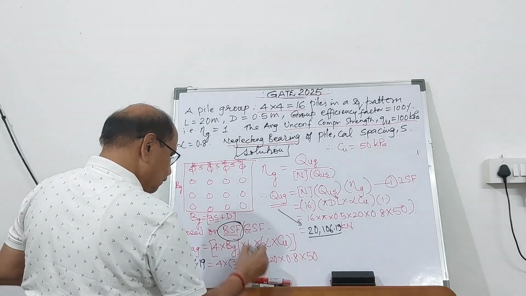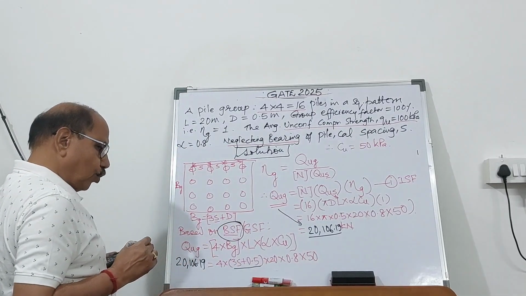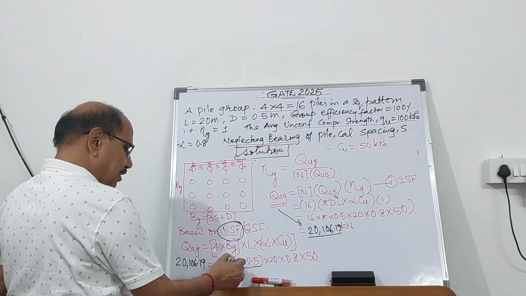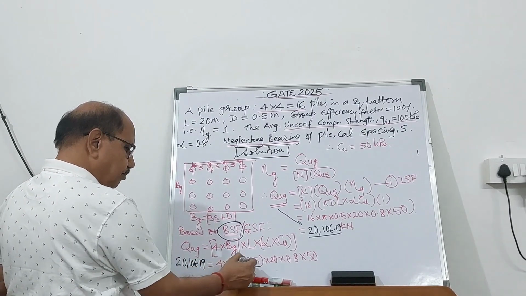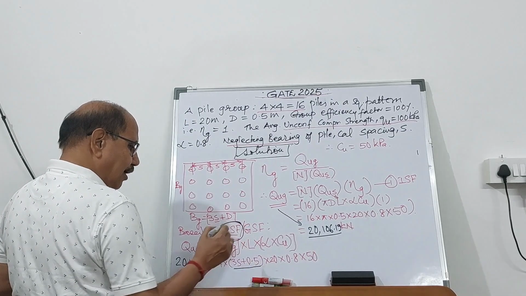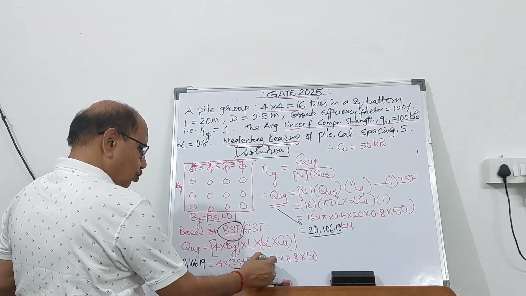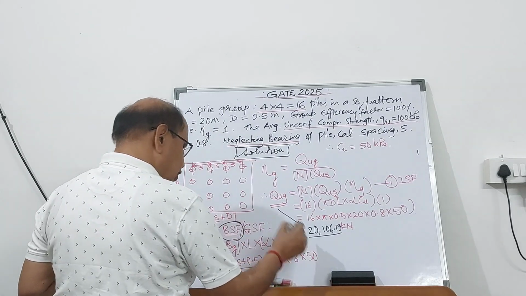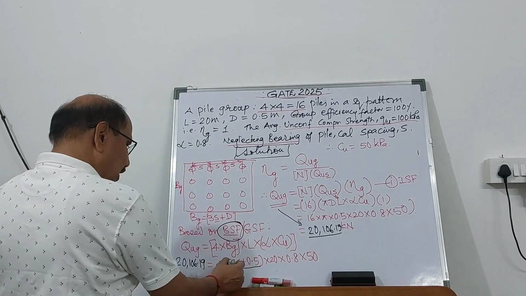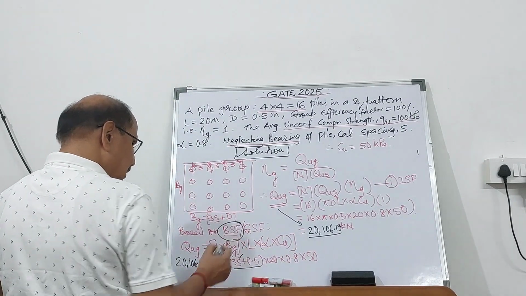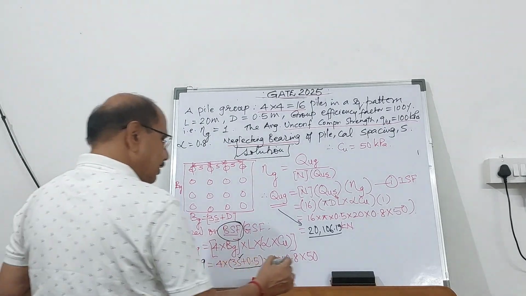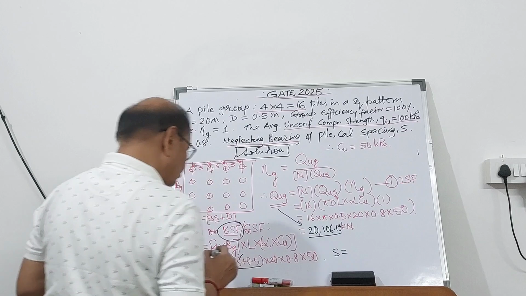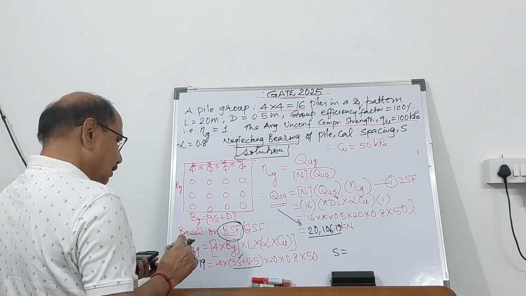This is BG, the width of the group, which is 3 times the center to center spacing between two consecutive piles plus 0.5, into length into alpha into Cu. So the only unknown is the center to center spacing. So S can be found out. So let us simplify this.